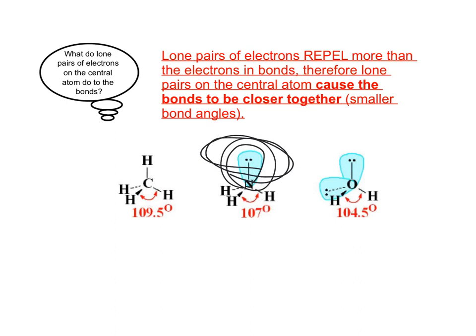Meanwhile, a bonding electron pair has to stay between the center atom and the outside atom. So it has less freedom, and because it has less freedom, it ends up being squished while the lone pairs can really spread out.